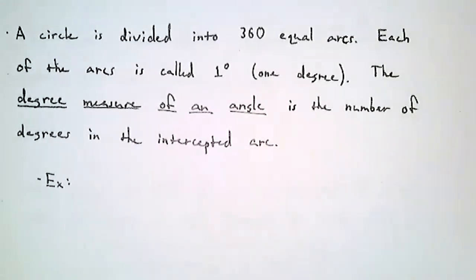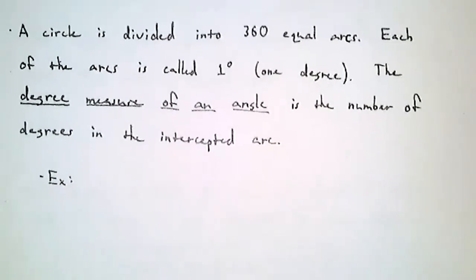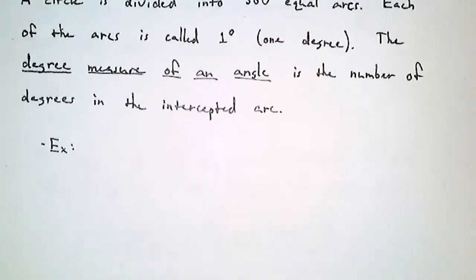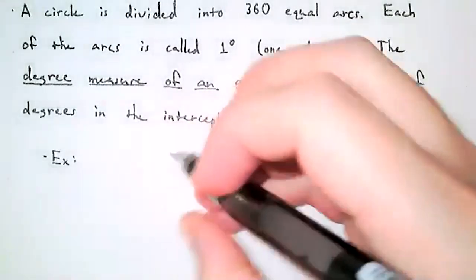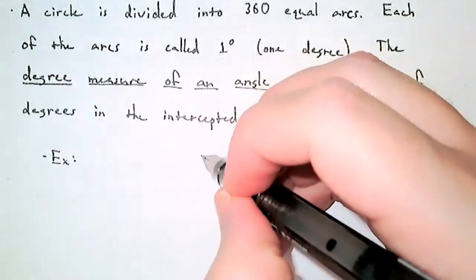A circle is divided into 360 equal arcs, and these arcs are what we call 1 degree. And if we want to talk about the degree of an angle, that's the number of degrees in the intercepted arc. So that's a bit of a mouthful, kind of a lot to take in when it's written down in words.